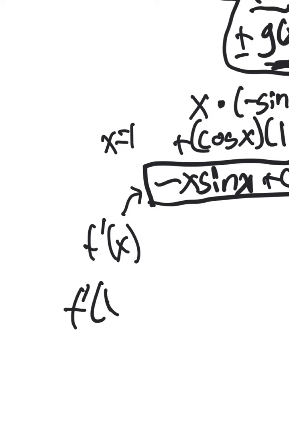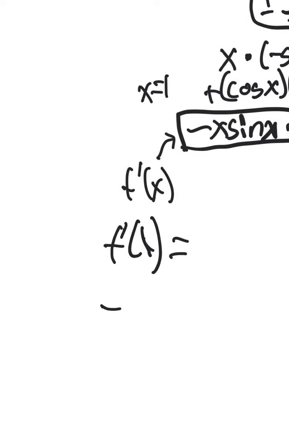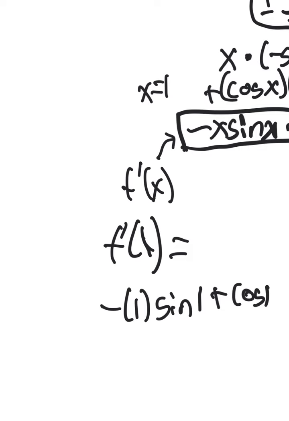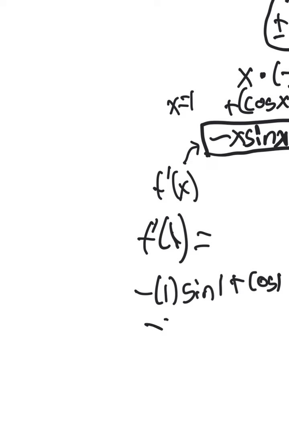Then you just plug in 1 wherever there's an x. So f prime of 1 equals negative 1 sine of 1 plus cosine of 1. Now, 1 isn't the best number to work with for sine and cosine, but this would be your answer, negative sine of 1 plus cosine of 1.